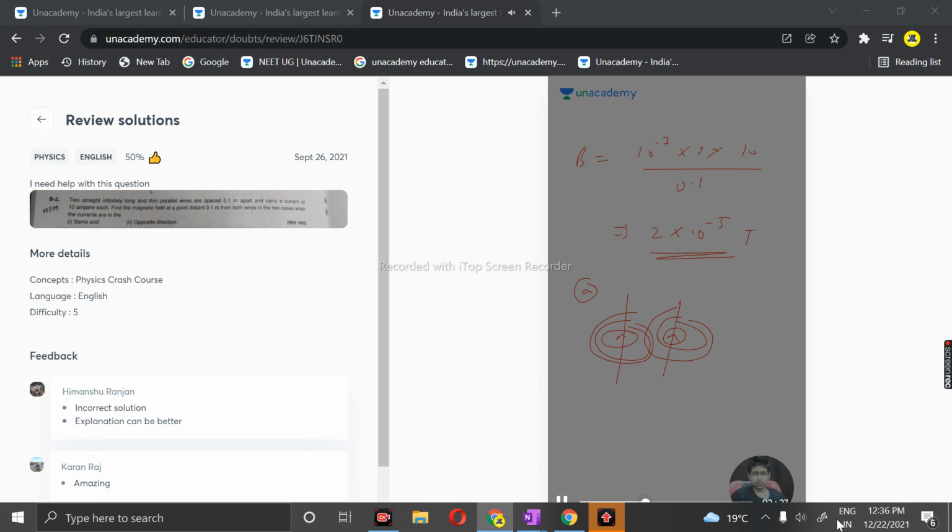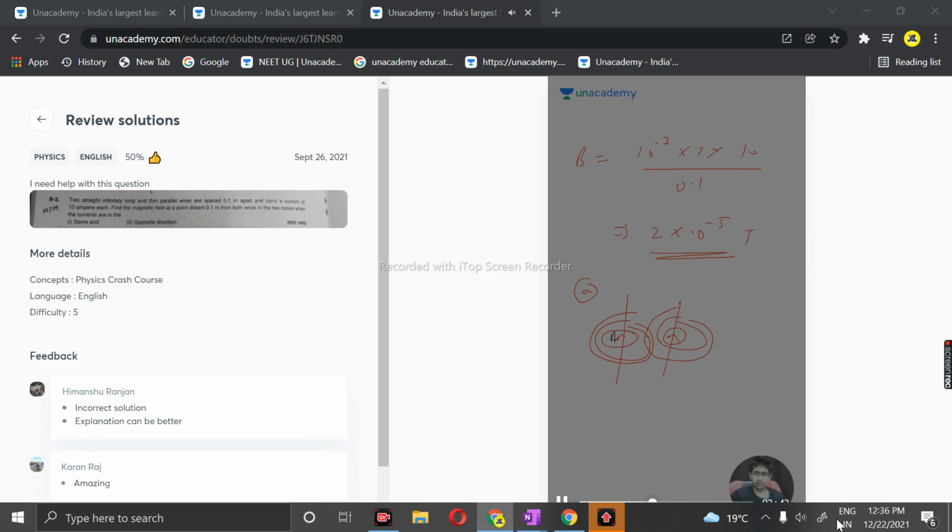BA will be perpendicular to AP, and what is BA? That is because of the first wire.